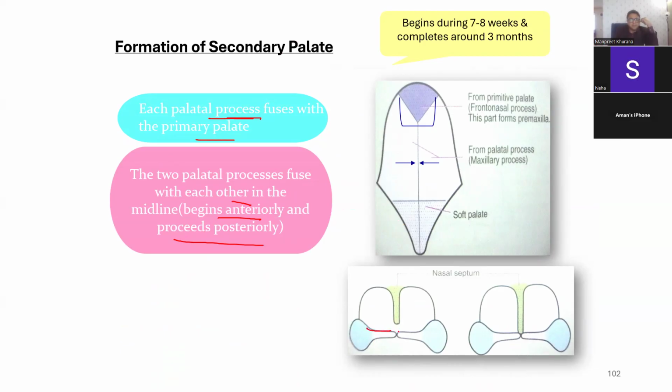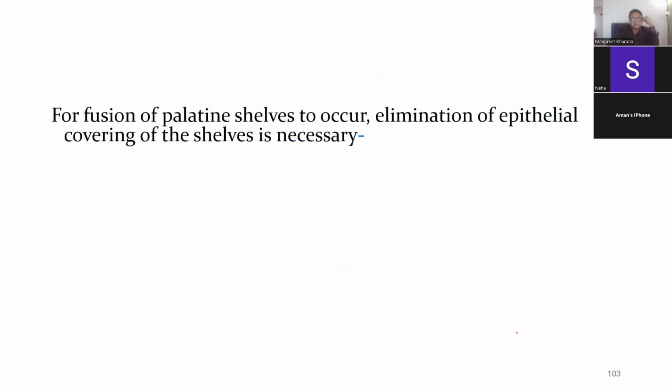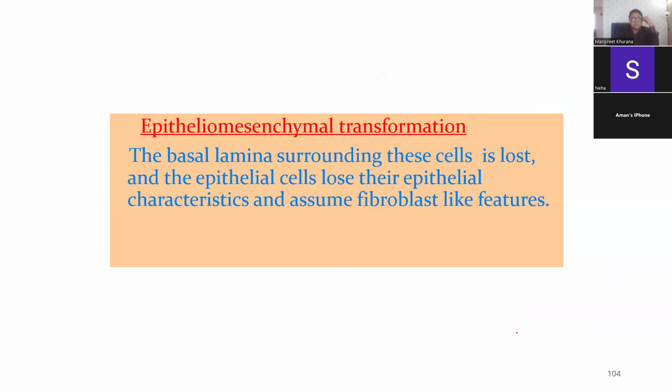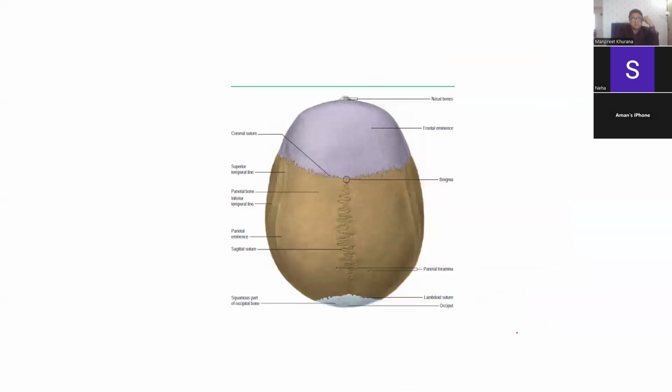If you see, the palatal processes are fusing with each other and also with the primitive palate. So they all fuse together. Okay, so here we are ending the embryology part.